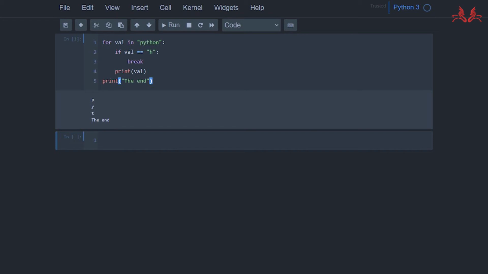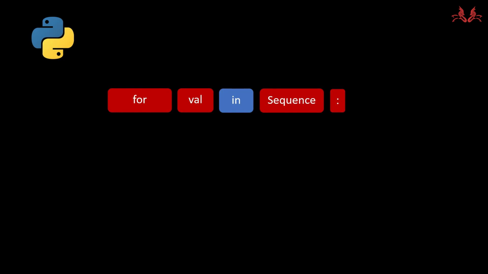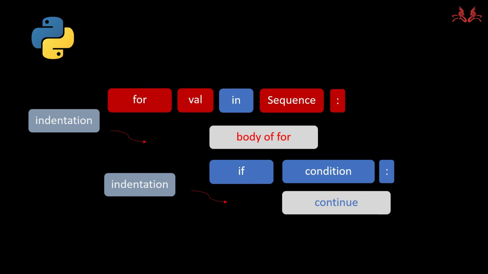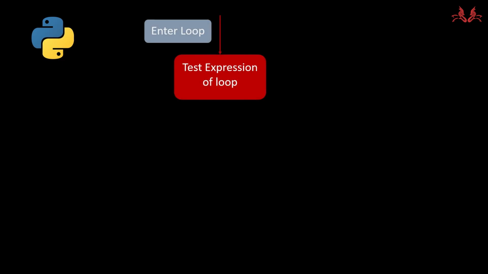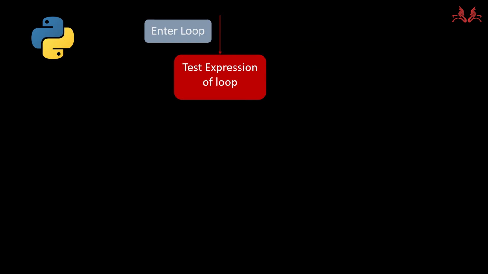Alright, let's go back and see how to use continue in the for loop. At first, we also put the for statement and the body of the for, and put the if condition and continue in it. And then in the flow control, the program will evaluate the test expression of the loop. If it is false, it will exit the loop.